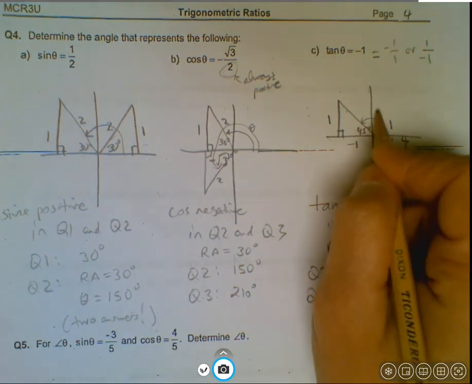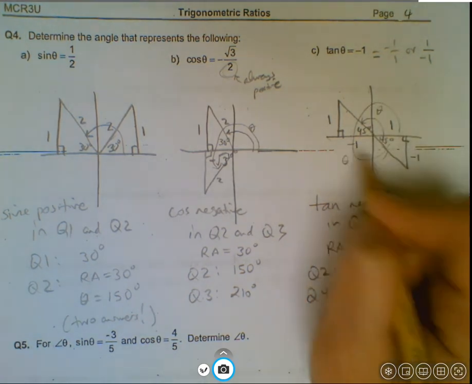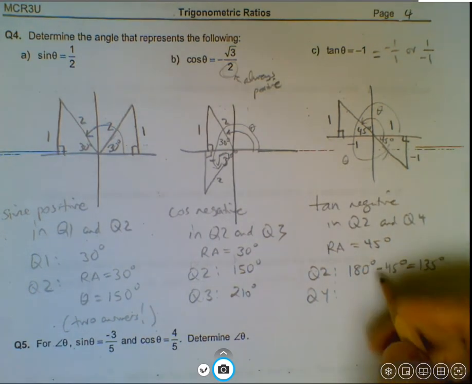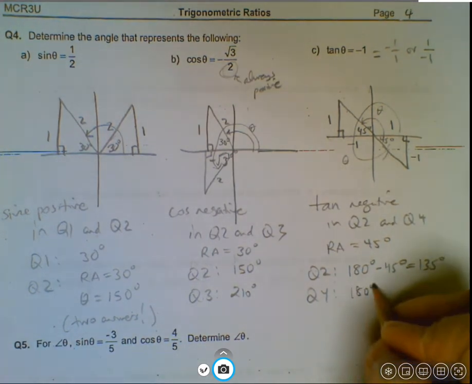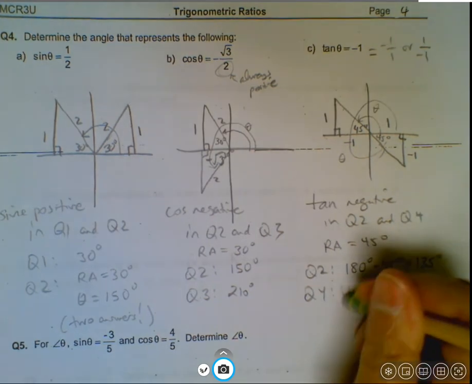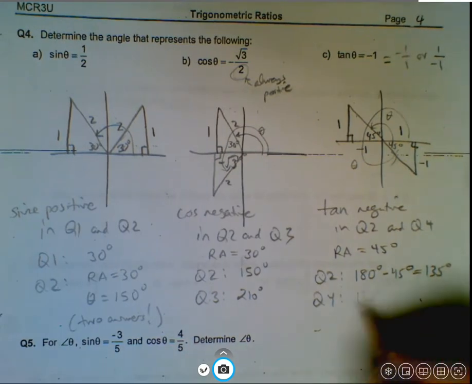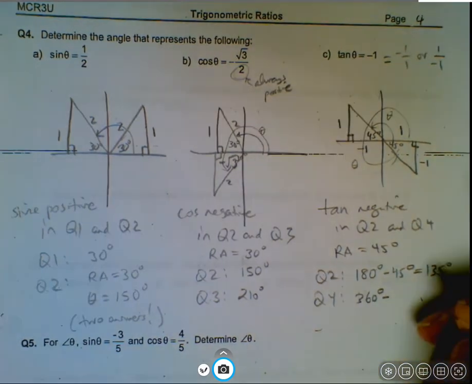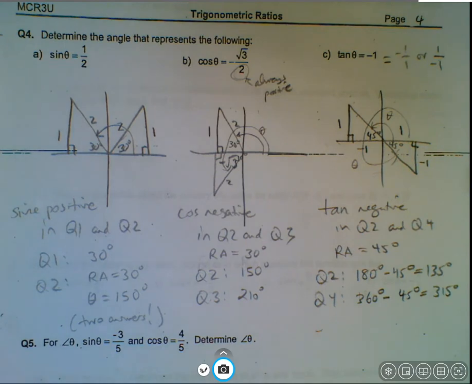So this is theta. This is also theta. Okay. So in quadrant 4, sorry, I have 360 degrees minus 45 degrees, which is 315 degrees. Okay, again, 2 answers, and your calculator would have only given you 1.